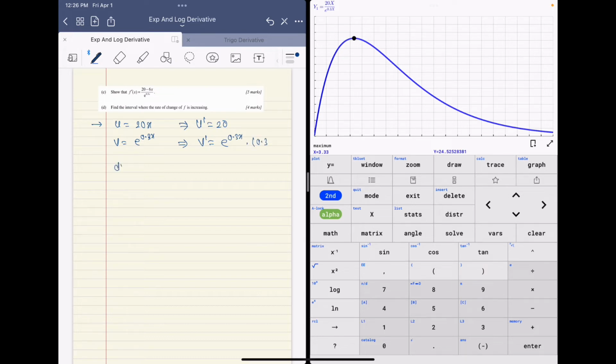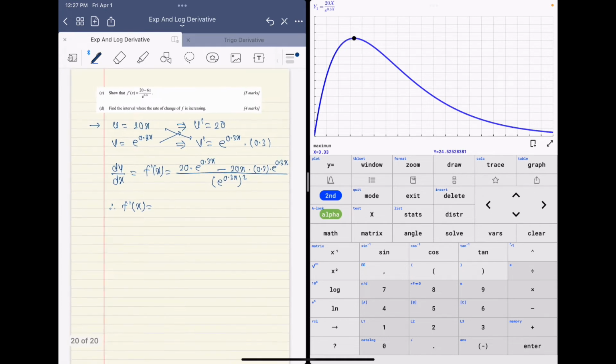Now use the quotient rule: f dash x is equal to v into u dash minus u into v dash, over v squared. You can see e raised to 0.3x is always common, so you can take it out. In the first term I am left with 20, and in the second term I am left with 20 into 0.3, which is 6, into x, divided by e raised to 0.3x whole square.